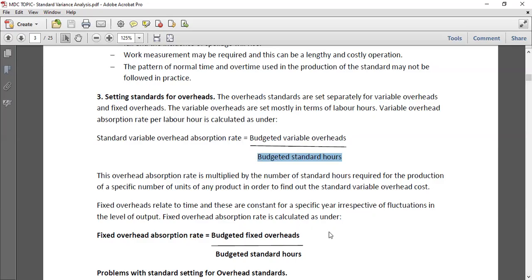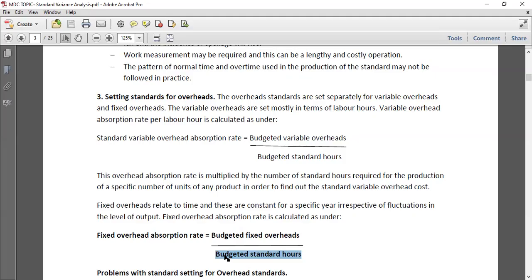When it comes to the fixed overheads, these budgeted standard hours could be either, depending on whether you are using the traditional method or another absorption method. With the traditional absorption method, it could be labor hours that you use to absorb, or maybe you are using machine hours as well.